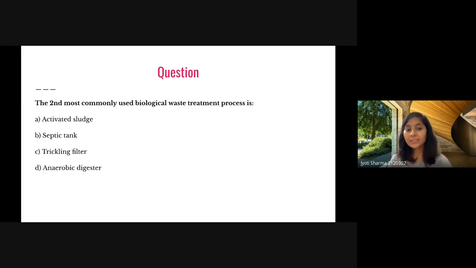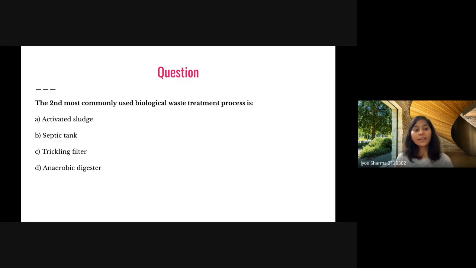After the activated sludge process, the second most commonly used biological waste treatment process is: activated sludge, septic tank, trickling filter, or anaerobic digester? What do you think?